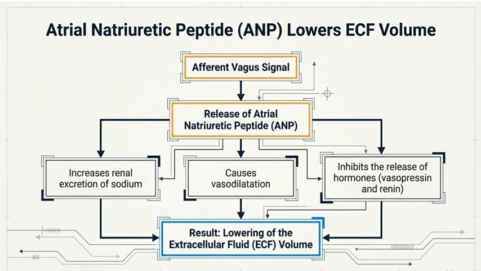When the atria are stretched, they release atrial natriuretic peptide, ANP. ANP acts to reduce the volume by increasing sodium excretion (natriuresis), causing vasodilation, and inhibiting the RAAS and vasopressin. Therefore, the net effect is a decrease in the extracellular fluid volume.